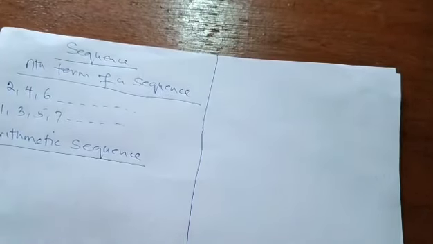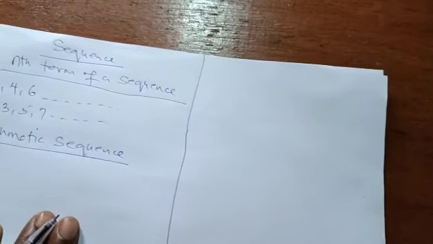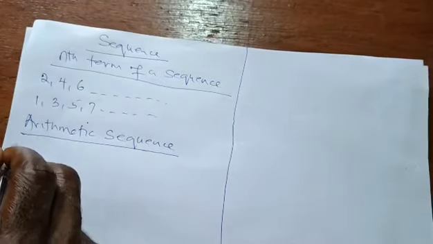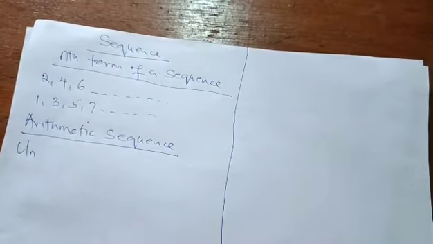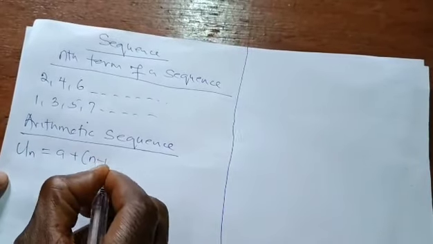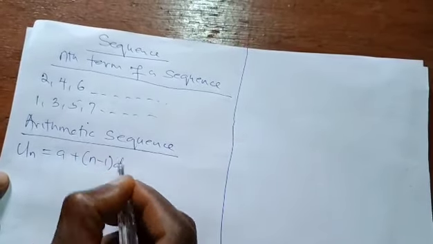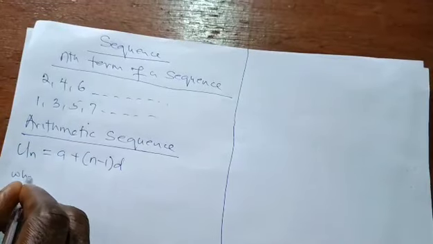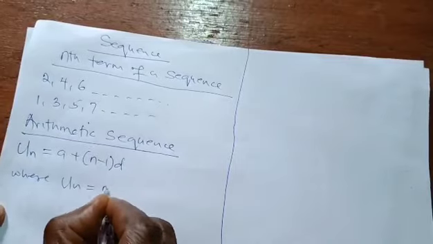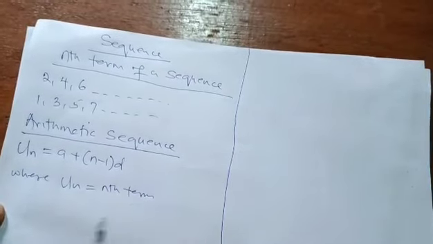An arithmetic sequence is a type of sequence that follows this particular formula: un equals a plus n minus 1 d, where un is the nth term.